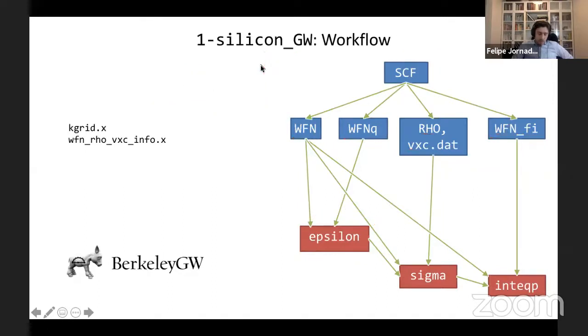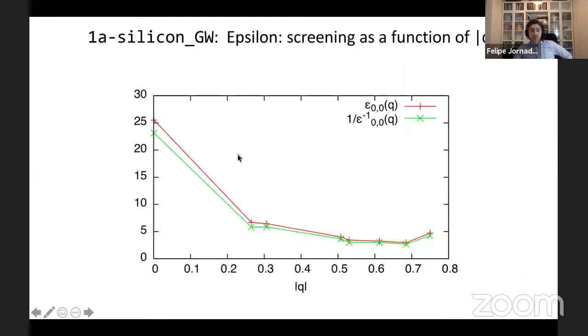You should be able, at the end of this tutorial, to compute two things. One is the wave vector dependent dielectric function for silicon. You are going to be able to compute the dielectric function of silicon and the inverse dielectric function, or the inverse of the inverse, that is known as the macroscopic dielectric function for silicon.